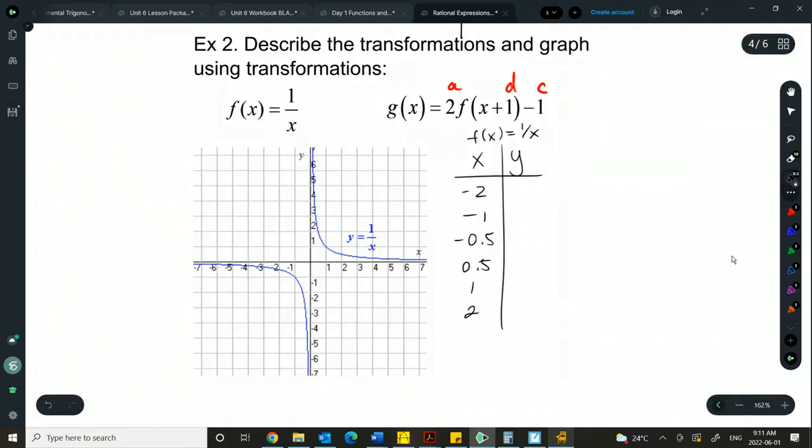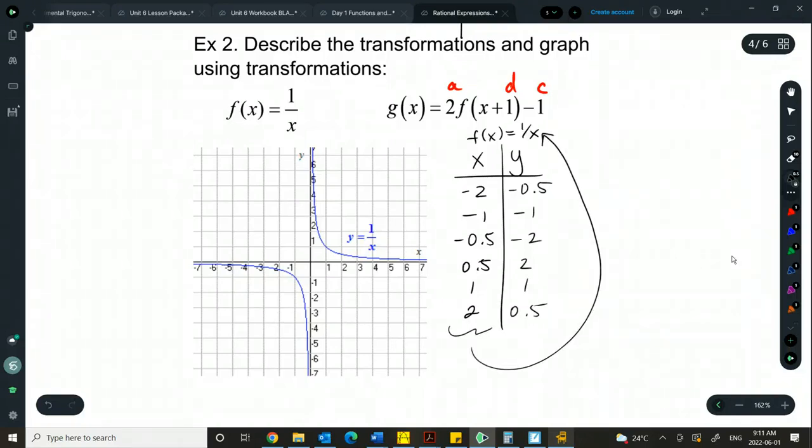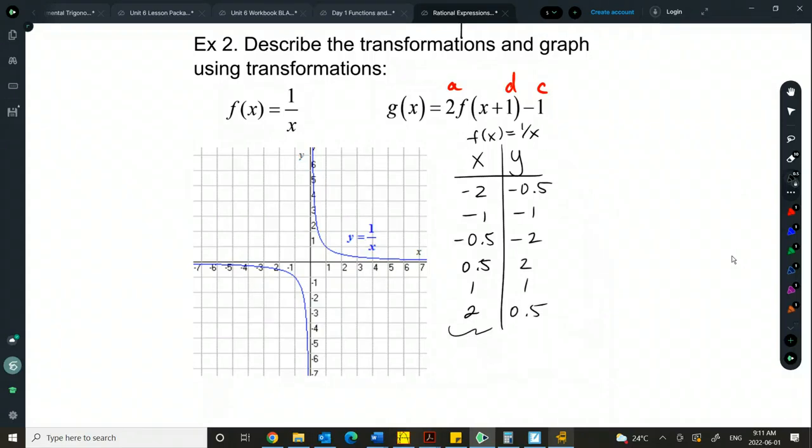And when we sub them into 1/x, we will get -1/2, -1, -2, 2, 1, and 0.5. Again, I'm just taking these and plugging them into the function to generate the y's.